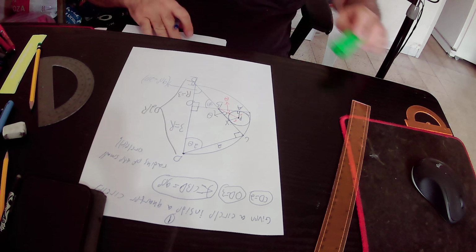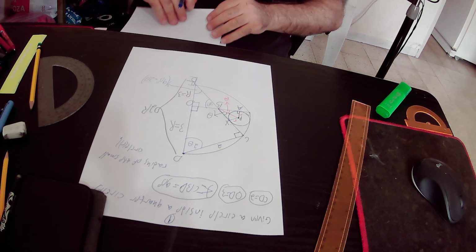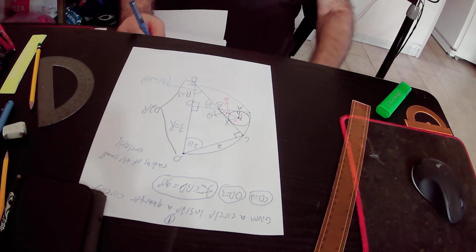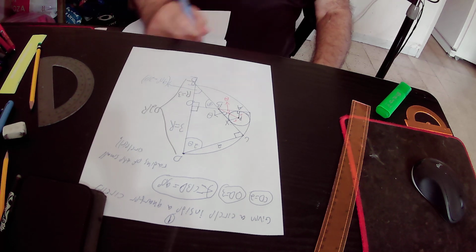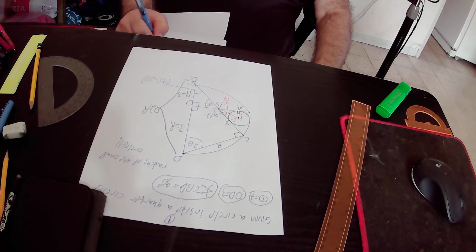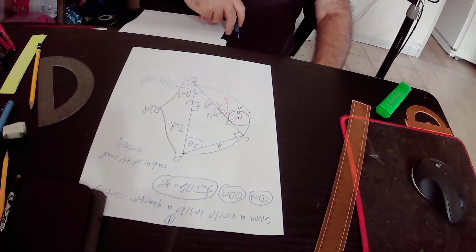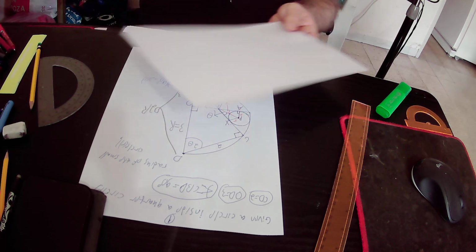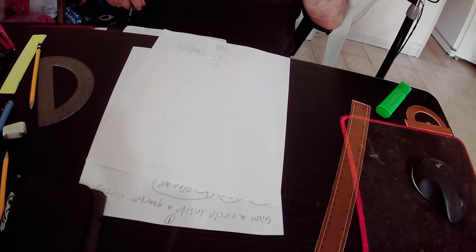So again, in the right triangle CDE, we know that tangent 2 theta equals CE over CD.